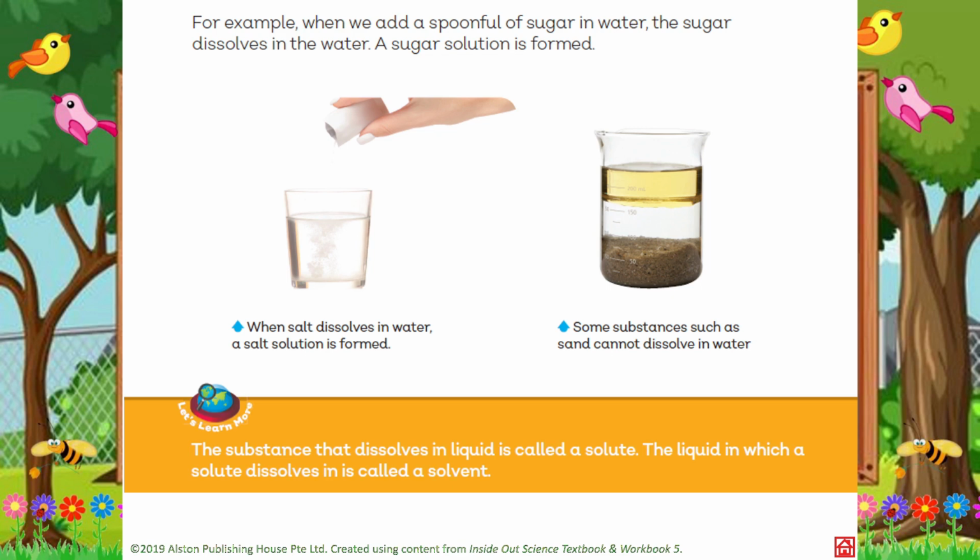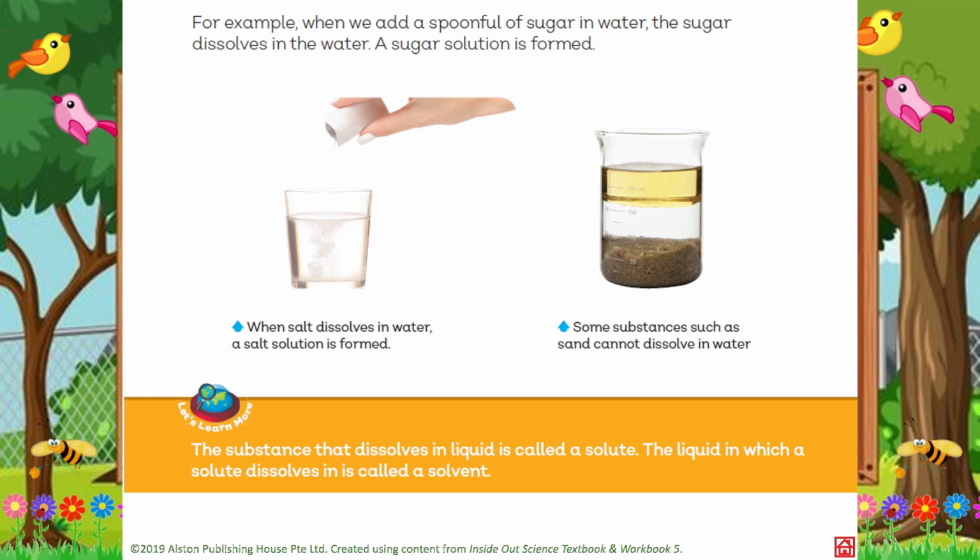When we add a spoonful of sugar in water, the sugar dissolves in water, okay? It becomes the same state as the water. It is dissolved. A sugar solution is now formed, okay? Because they mixed up together entirely.